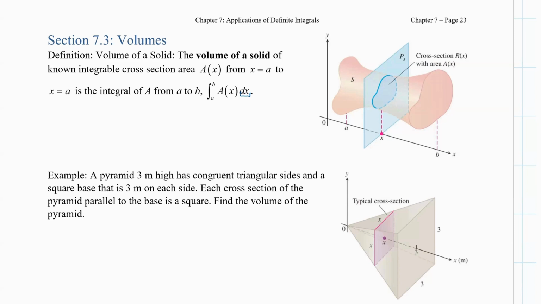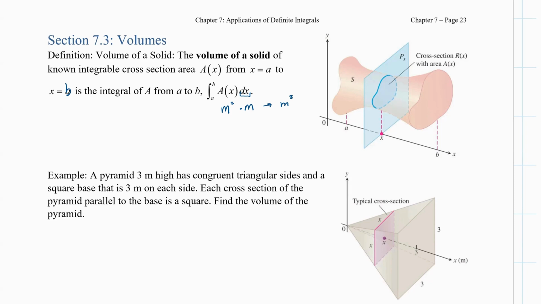In this section, we're going to say that the integrand, instead of representing a height of a rectangle, instead represents the cross-sectional area of some sort of solid, some sort of three-dimensional figure. The multiplication of that cross-sectional area, which we may think of as having some unit like square meters, times this dx, which is in meters, gives you something like cubic meters, which is a measurement of volume.